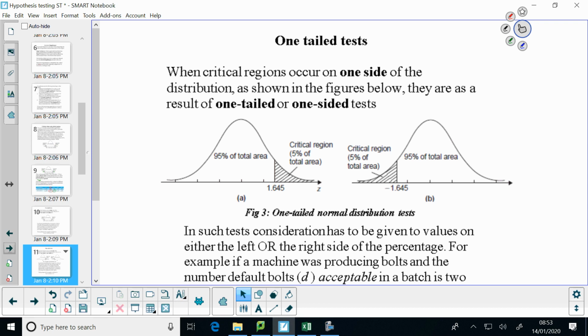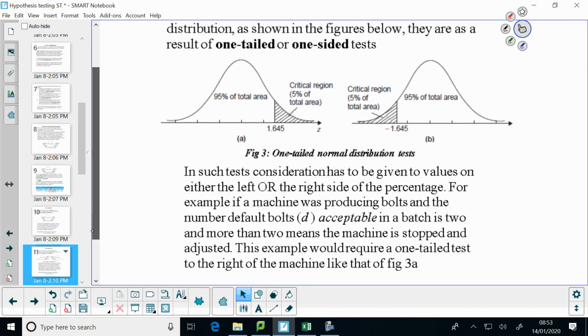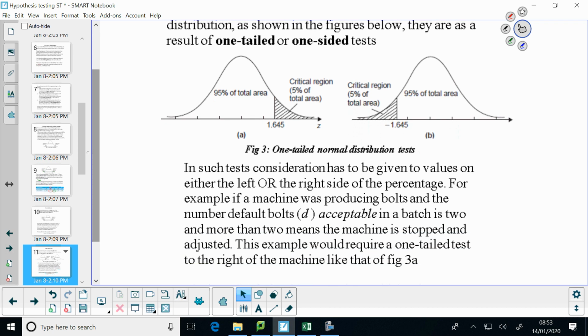We have one-tailed tests. When critical regions occur on one side of the distribution, as shown in the figures below, they are a result of a one-tailed or one-sided test. In such tests, consideration is given for the values on either the left or the right side of the percentage.